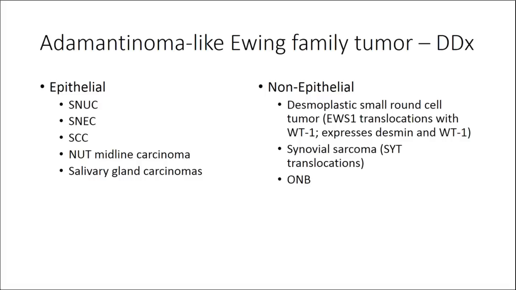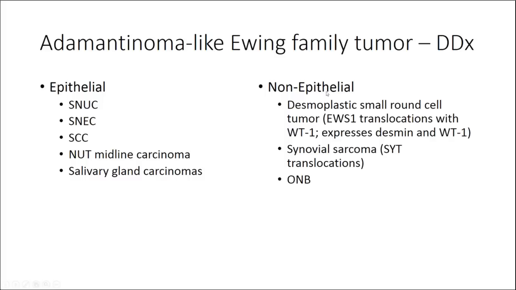In terms of these, your differential is going to be very broad. That's why, when you're looking at sinonasal tract tumors, you have to have a very broad differential that includes epithelial and non-epithelial lesions. You have a variety of carcinomas that might come into your differential, and then you have to think of non-epithelial tumors, such as olfactory neuroblastoma and synovial sarcoma, for which you could do the translocations for the SYT.